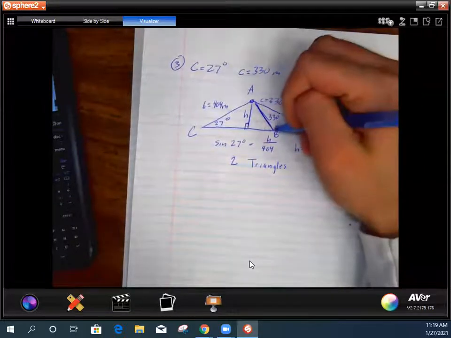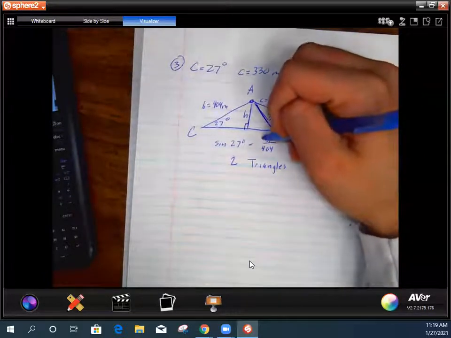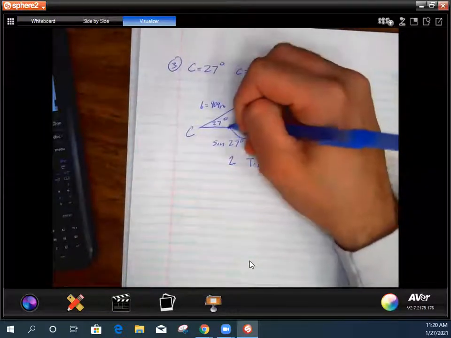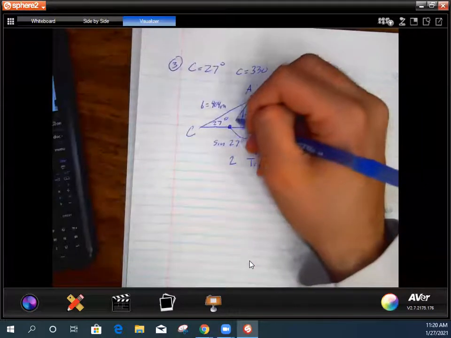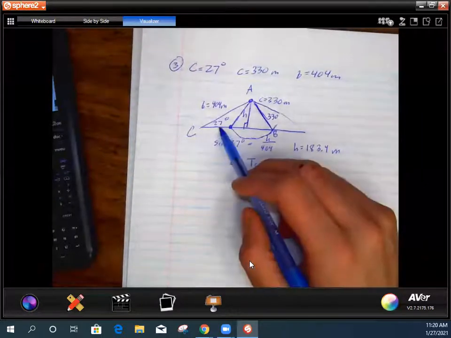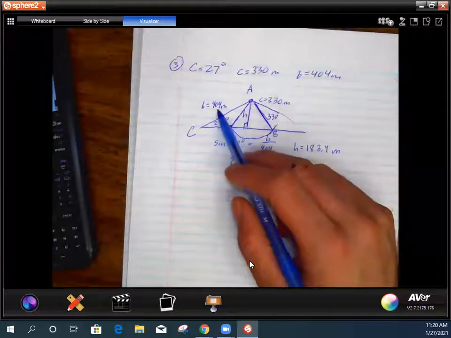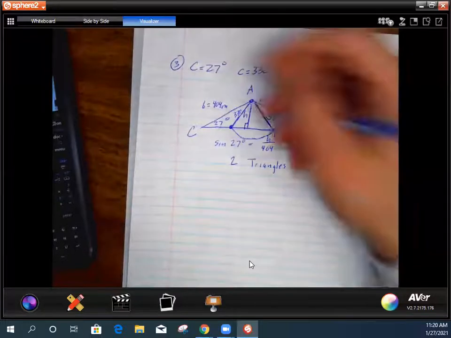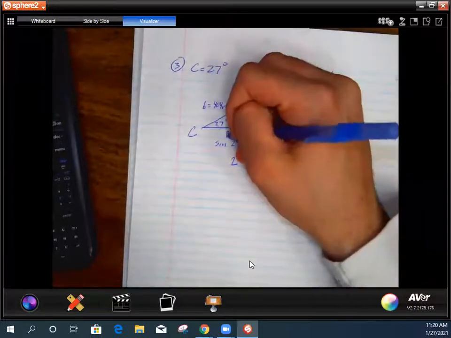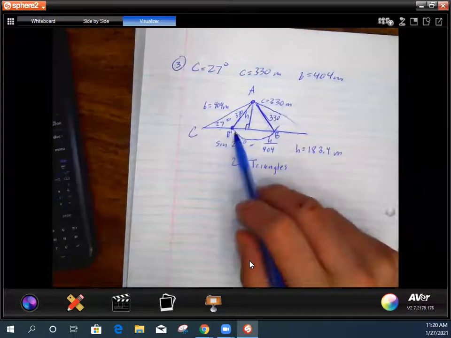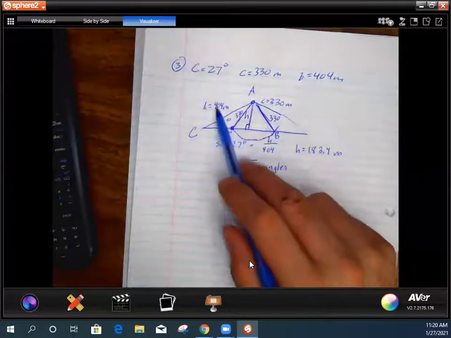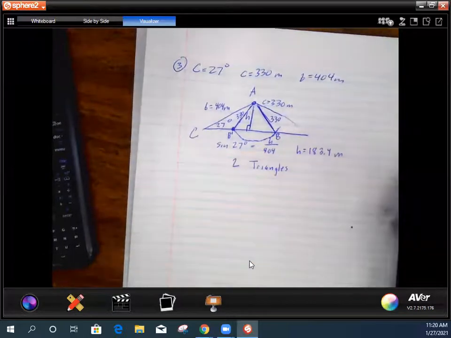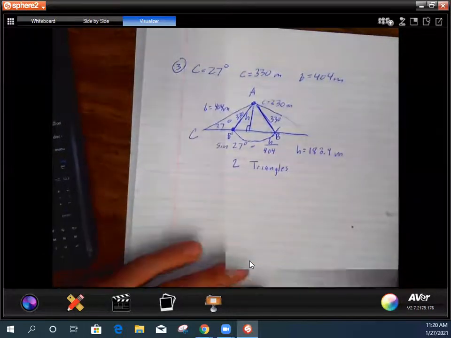Or this side AB, if you imagine swinging it around angle A, it could also make another triangle like this that also has an angle that's 27 degrees, an adjacent side 404, and an opposite side 330. All right, and we'll call this B prime because it's angle B because it's across from 404, but it's different from this angle B. So I distinguish it with that little tick mark there. So now I'm going to draw the triangles out separately.